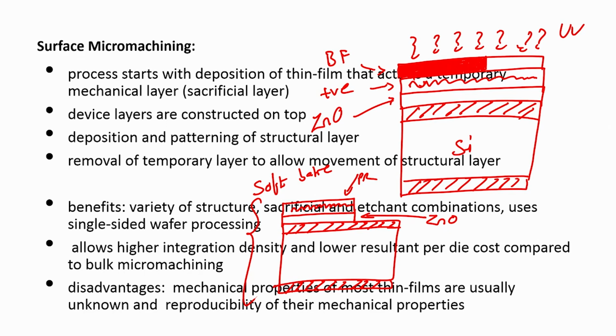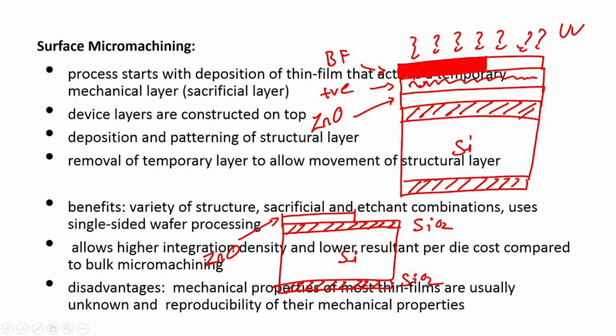Next step is, I will dip this wafer in acetone. If I dip this wafer in acetone, the PR will be stripped off. So, if the PR gets stripped off, I will have this wafer where I have silicon dioxide, and the top layer is zinc oxide, alright.